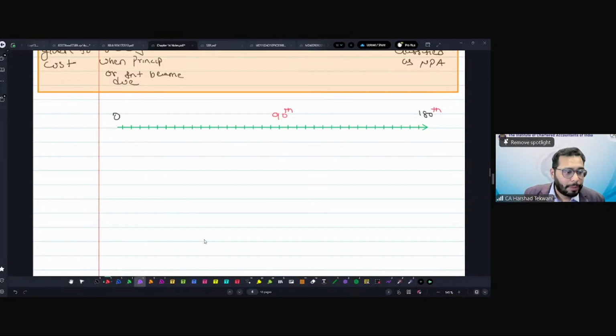By 31st March 2024, first bring it to 150 from 180. Then on 31st March 2025, bring it to 120.